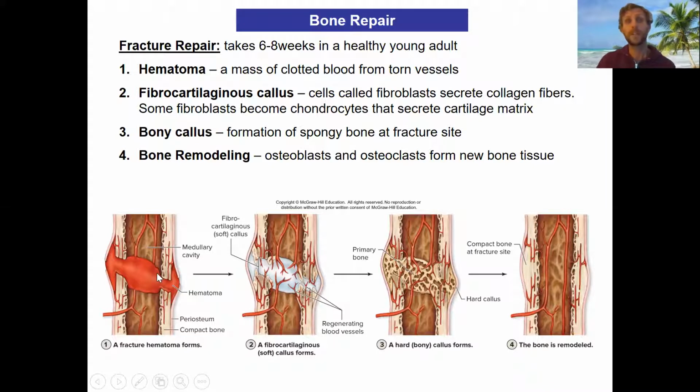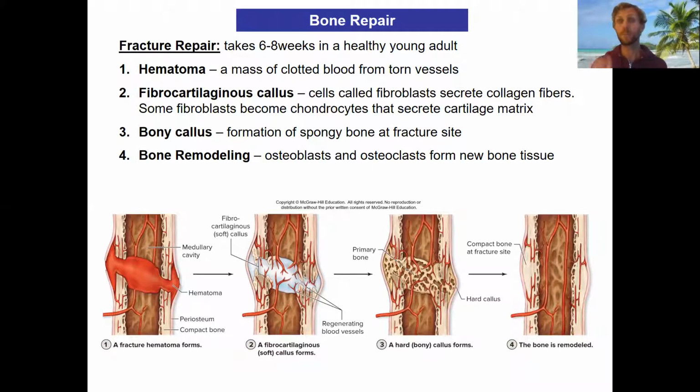Okay. The next thing to think about is remember that the entire bone is surrounded by a periosteum, and living in the cellular layer of that periosteum are going to be cells like osteoblasts and osteoclasts, and maybe even some osteoprogenitor stem cells. And so what can happen is that some of the cells living in that cellular layer of those membranes in this fractured area can start to become active and start to secrete specifically things like collagen fibers and so on.